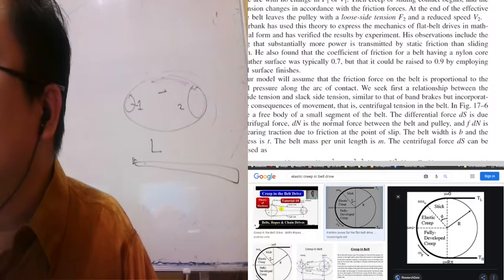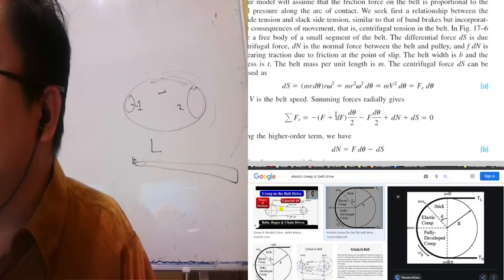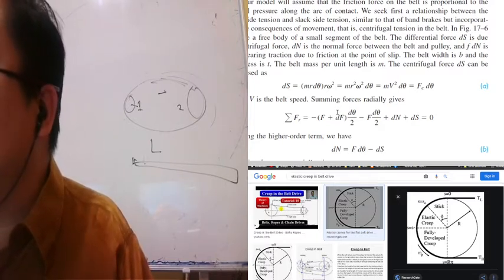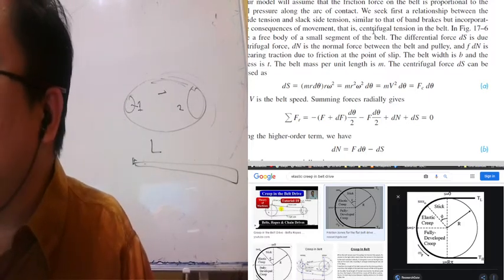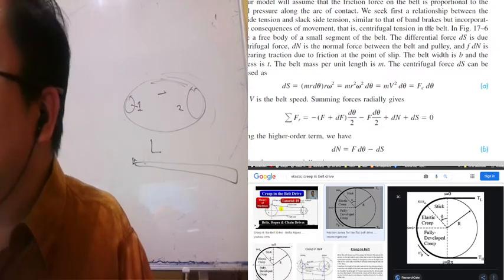In our model, we assume that the friction force on the belt is proportional to the normal pressure of the sliding contact. We first seek a relationship between tight side tension and slack side tension, similar to the band brake, but incorporating the consequence of movement, the centrifugal tension in the belt.